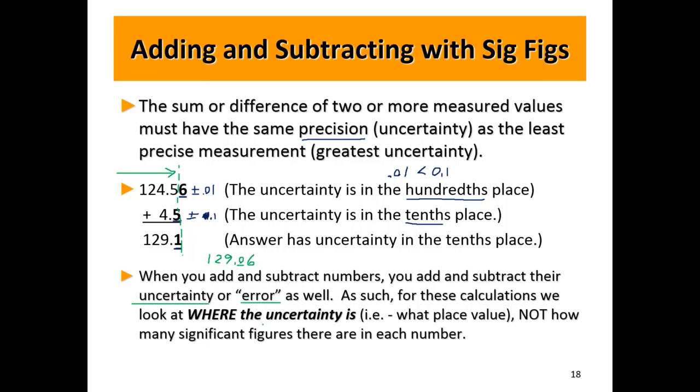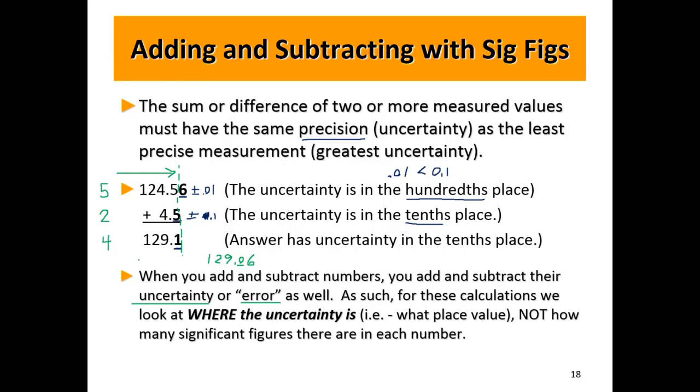So when you're adding and subtracting, it doesn't matter how many significant figures you have, it only matters where the uncertainty is. Notice that this first number actually has 5 significant figures, the 124.56, but the second number only has 2 significant figures, and yet the answer has 4 significant figures.